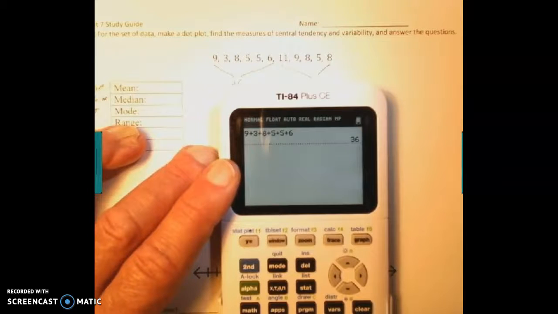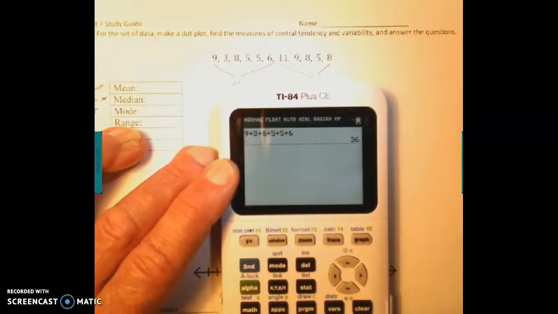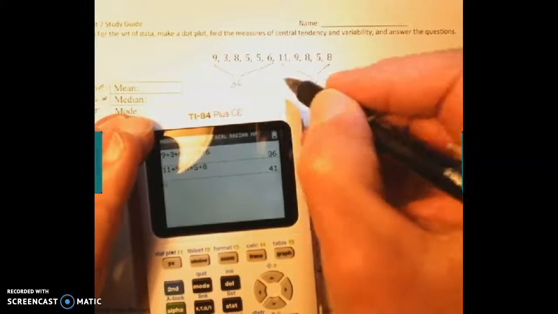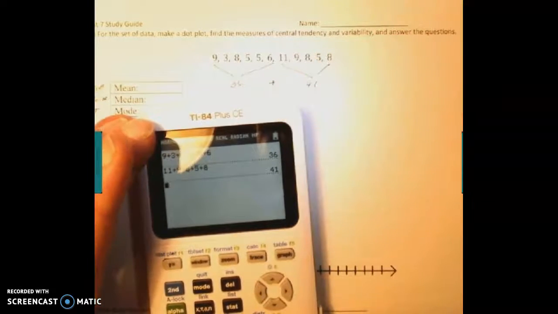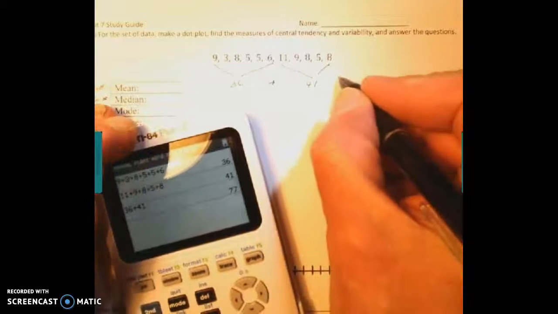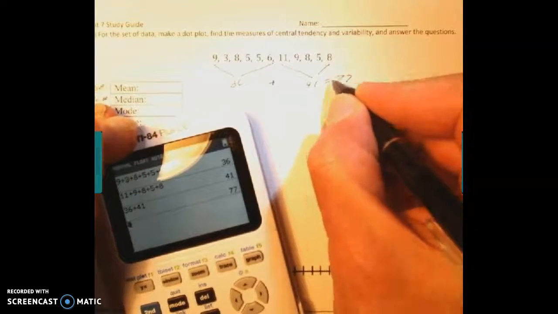And then my second set is going to be 11 plus 9 plus 8 plus 5 plus 8. Add those up. Those add up to 41. So add those two amounts together, 36 plus 41, and I get that these numbers add up to 77.